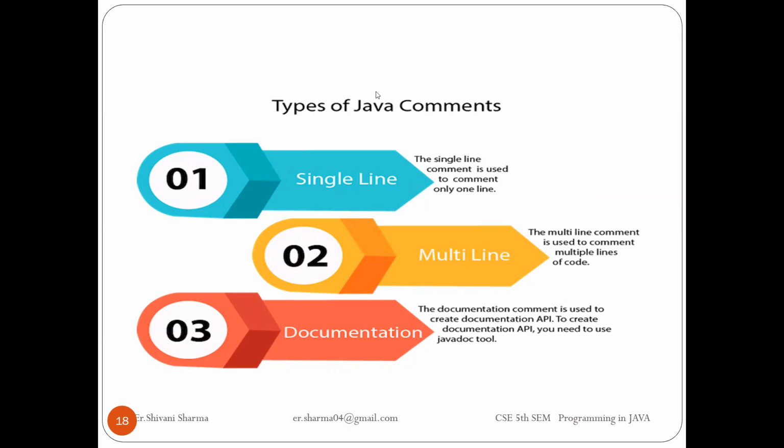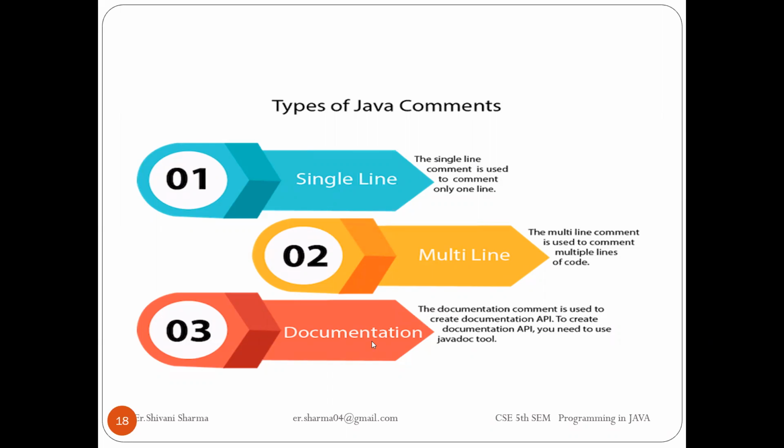Now the various types of comments available in Java are the single line comment, which is similar to that of C++, and the multiple line comment, which is for multiple lines. If you want to make multiple lines as a comment, you can use the multi-line comment.